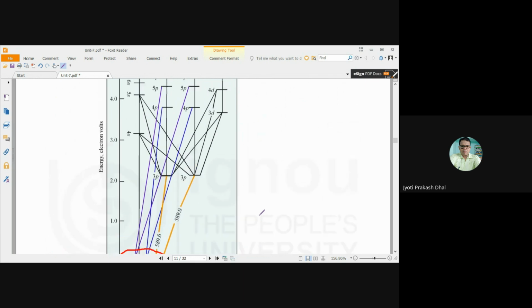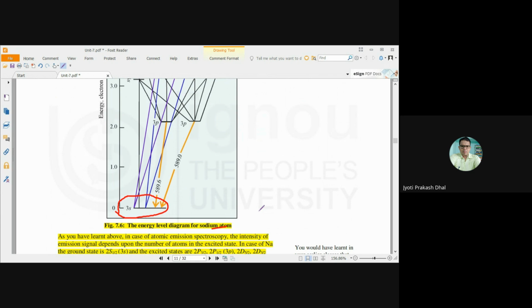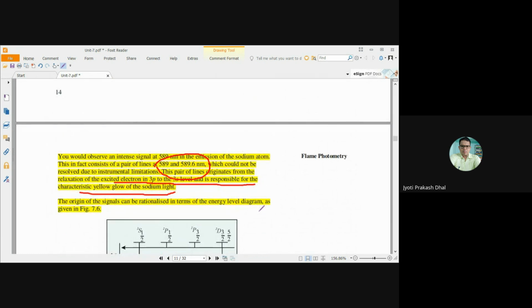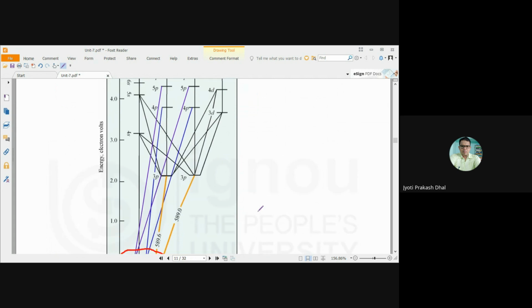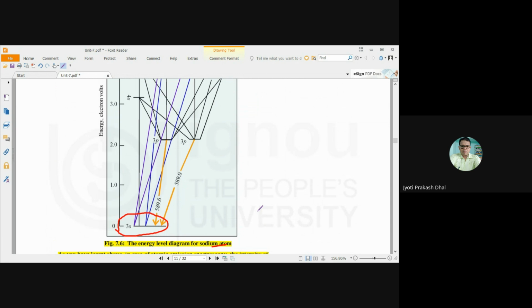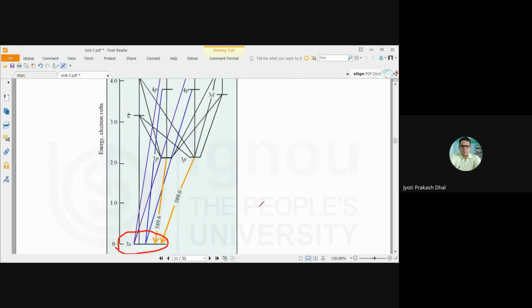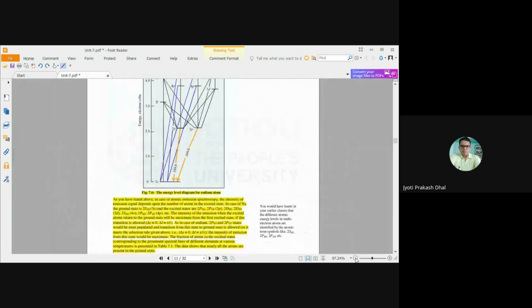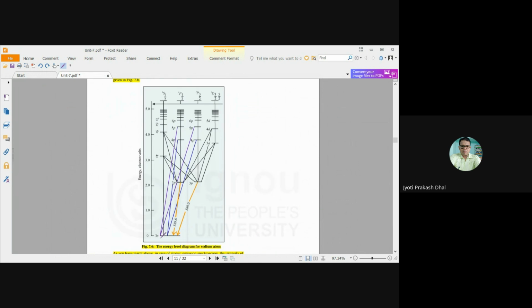If it can absorb energy from the flame, the outer electron at the 3s energy level can be excited either from 3s to 3p, or from 3s to 4p, or from 3s to 5p, depending upon the amount of energy absorbed.